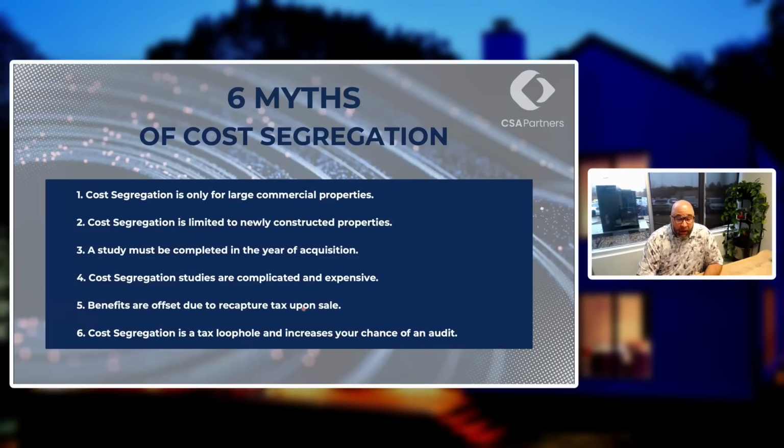So again, if someone tells you, you shouldn't do cost segregation because you're just going to have to pay it all back, I would invite you to run the numbers and let's see if that rate arbitrage makes sense. I'll let you know right now, on smaller assets, that rate arbitrage might not make sense. If you bought a property for 100,000 and you're going to sell it next year for 150, it's probably not a good candidate for cost segregation, because we're going to get you a $4,000 tax savings this year.